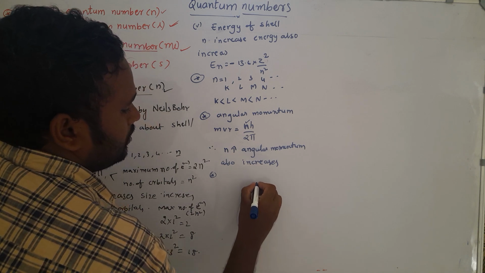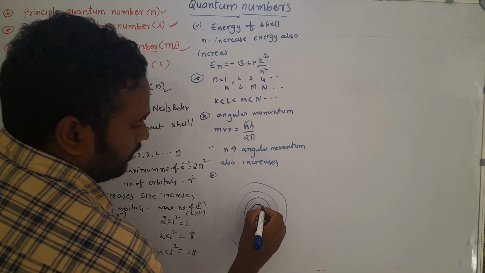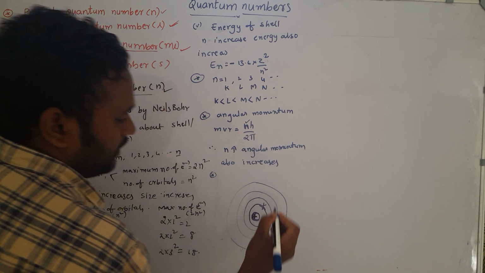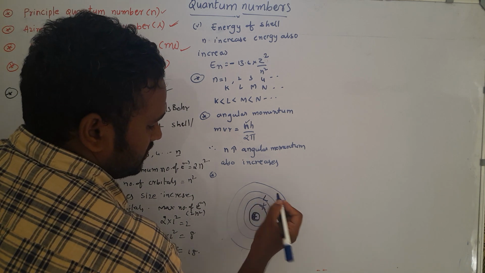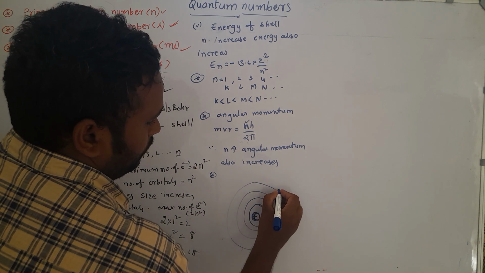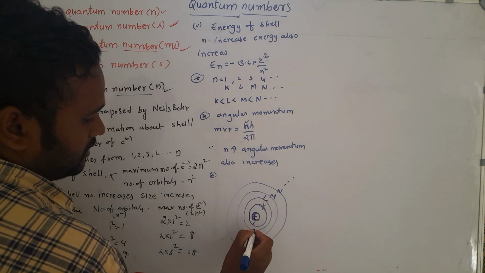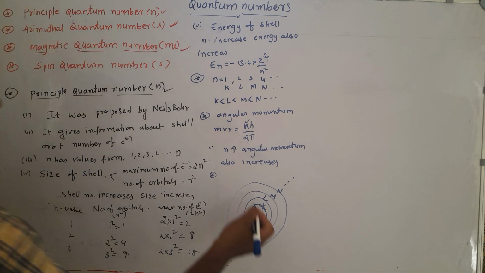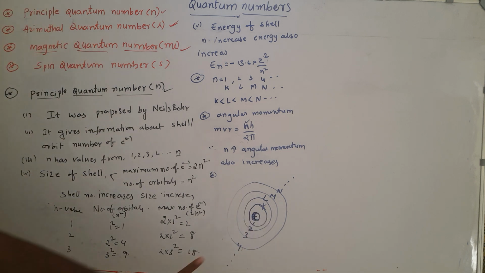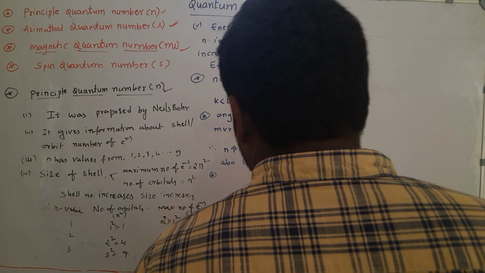Here n equal to 1 is the first shell or K shell from the side of the nucleus, and this is the second shell, third shell, fourth shell, and so on. So this is the diagrammatic representation of the principal quantum number. Okay.